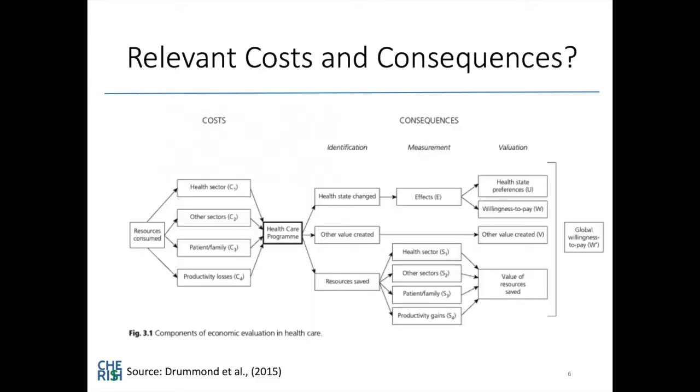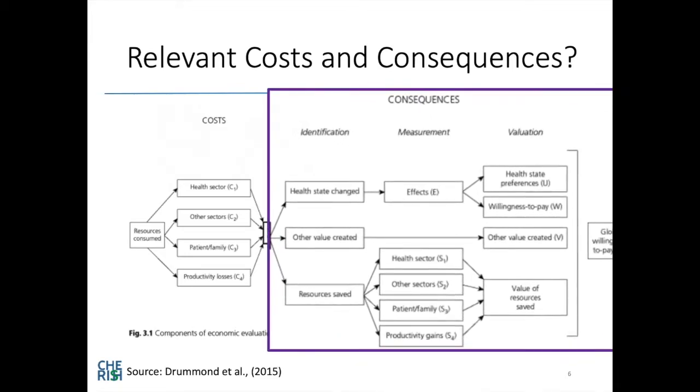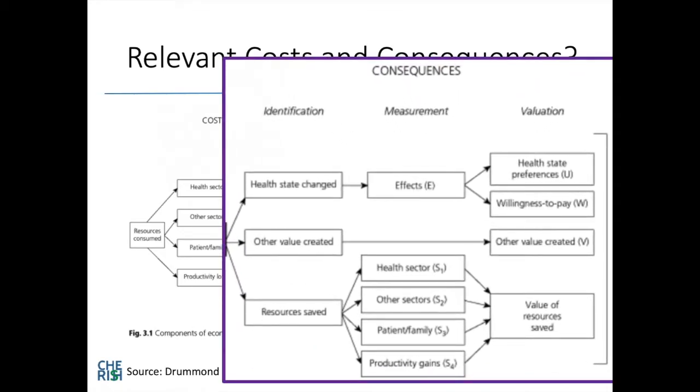This is a useful schematic from the Drummond book because it lays out what you need to consider when approaching an economic evaluation. We think about four main areas of cost: the healthcare sector, cost to other sectors like criminal justice or education, patient and family costs, and productivity losses. These four bins are used to characterize the economic benefits on the consequences side as well.